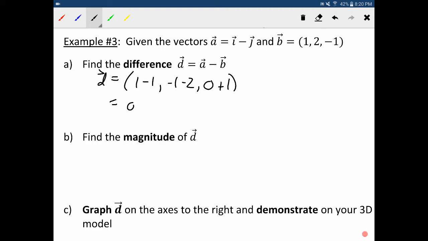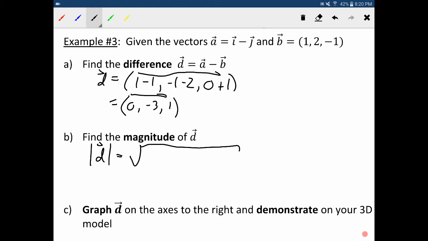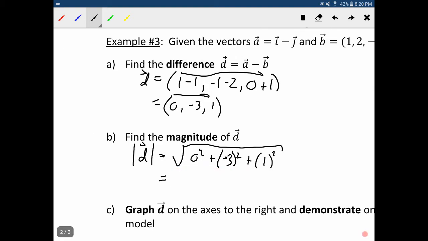We're left with 0, negative 3, and 1. The magnitude of d is the square root of 0 squared plus negative 3 squared plus 1 squared. So it's the square root of 9 plus 1, which is square root of 10, which can't be reduced.